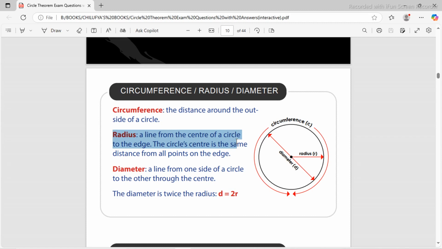The circle's center is the same distance from all points on the edge. As you can see from this diagram, the radius is a line, indicated by this arrow, from the center to the edge.